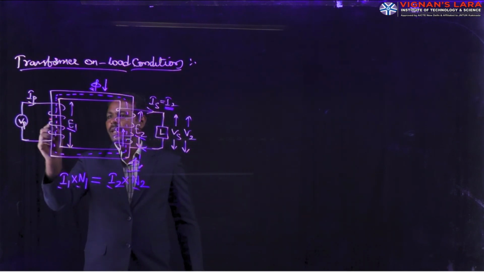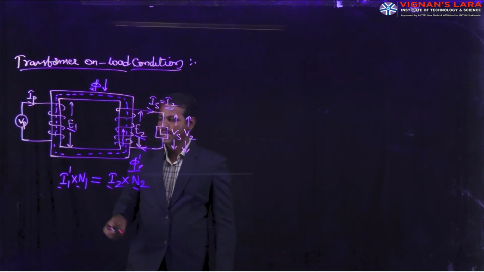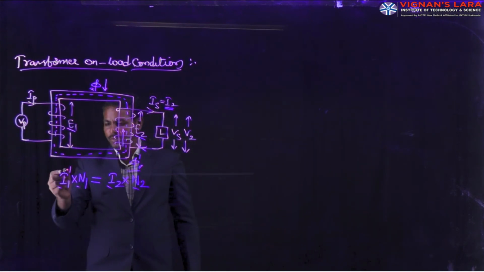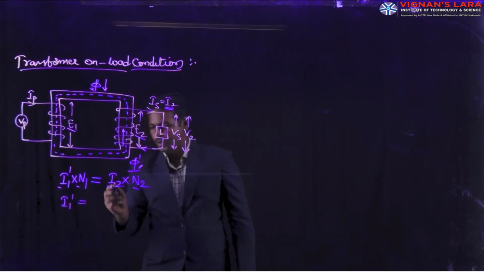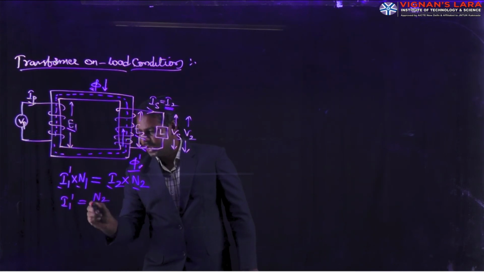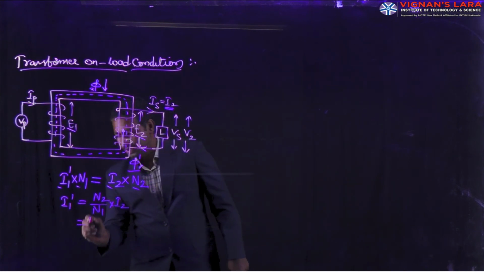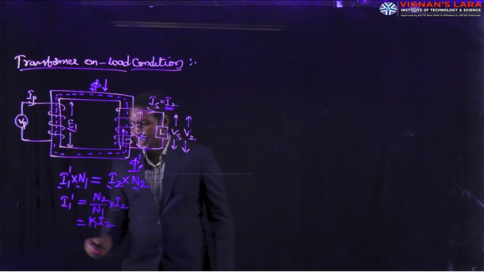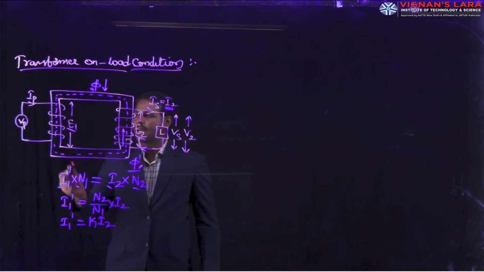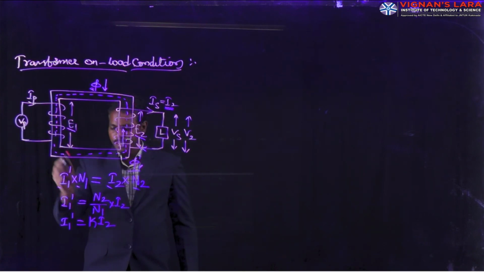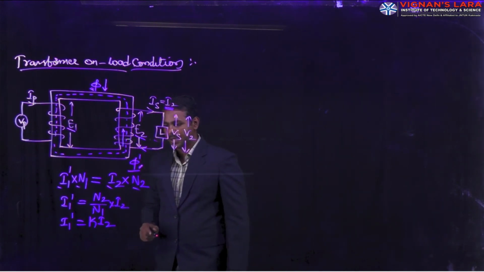In this, the additional current drawn from the supply is equal to I1 dash. Let us assume the additional current drawn from the supply is I1 dash. So I1 dash is equal to N2 divided by N1 into I2. N2 by N1 is equal to K, so I1 dash equals K into I2. I1 dash is the additional current drawn from the supply to meet the requirement of the load.